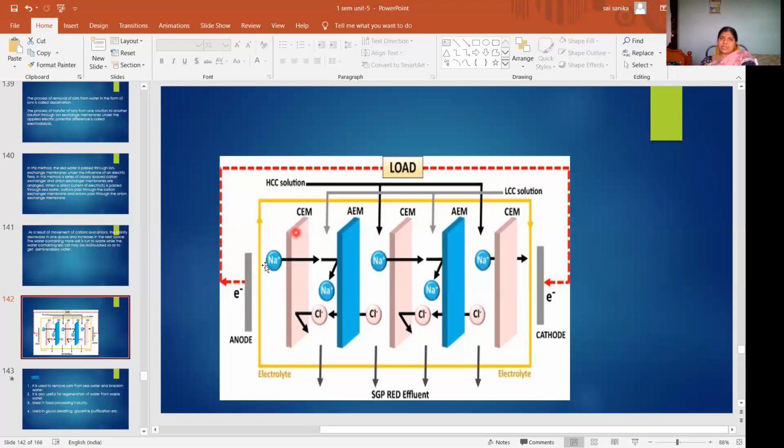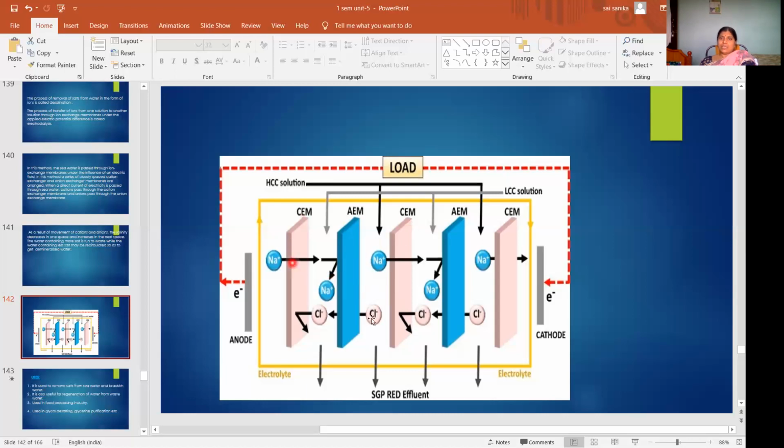The cation exchange membrane will just allow the cations to pass through it because it is a negatively charged membrane, whereas the anion exchange membrane will allow the anions to pass through it because it is a positively charged membrane. Due to that, the cations and anions present in the water will be removed.